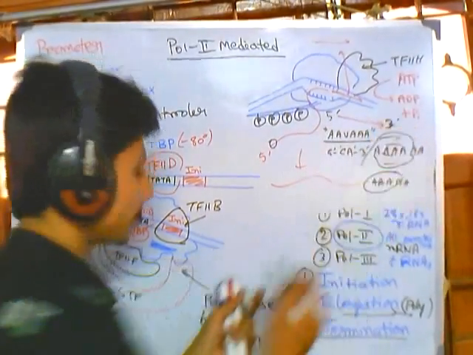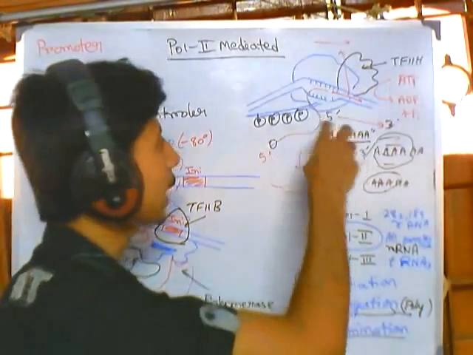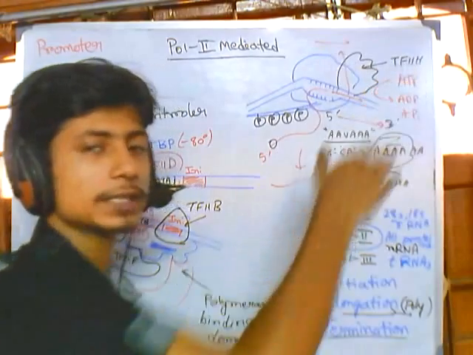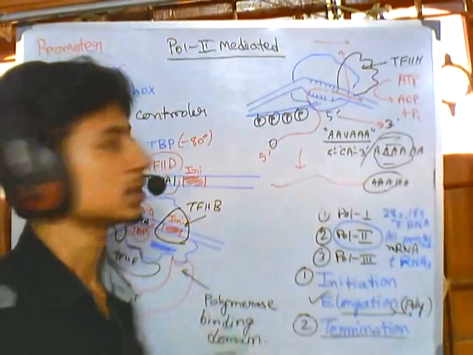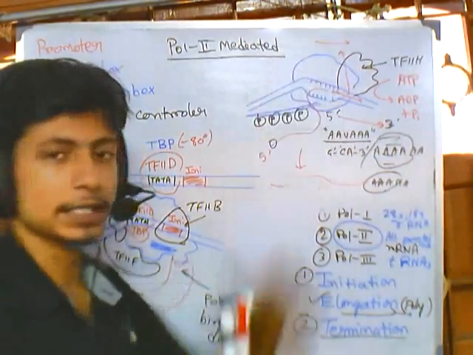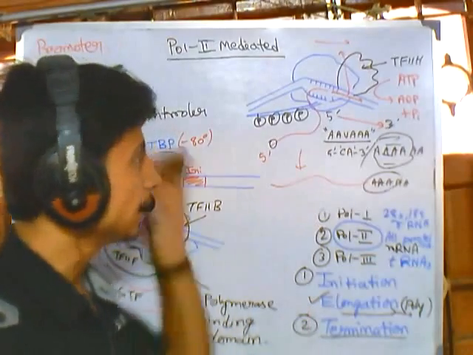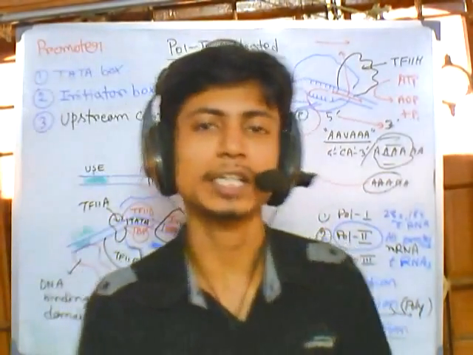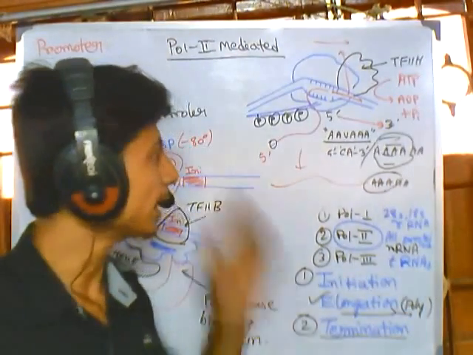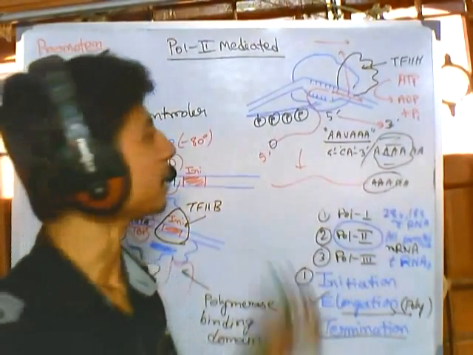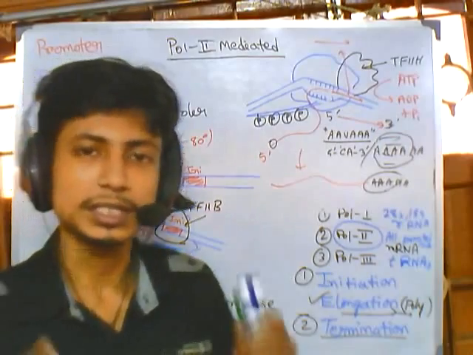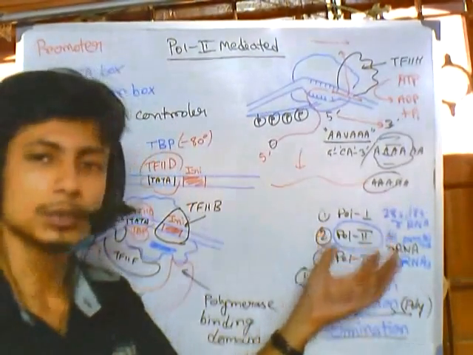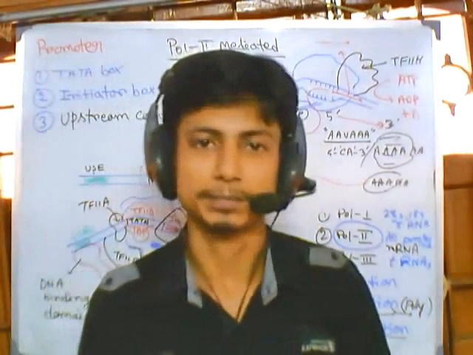And at the same time it is taking energy from ATP hydrolysis and melting the DNA. So it melts the DNA and then starts addition of nucleotides, polymerization, and the movement of polymerase in the 5' to 3' direction. It will start the elongation process, and that's how at the end termination happens and mRNA is produced. So this is the process of mRNA production utilizing RNA polymerase II inside the eukaryotic system.